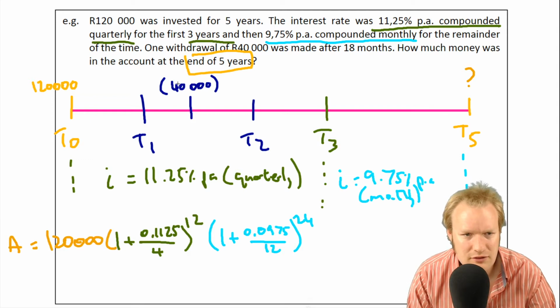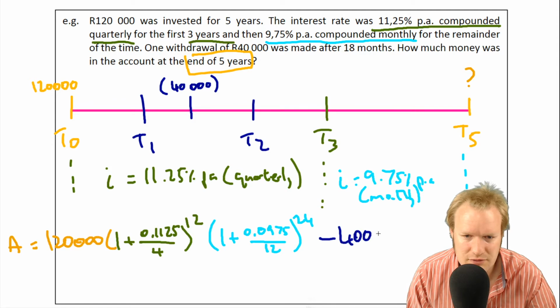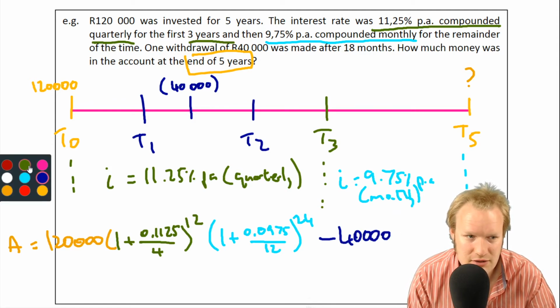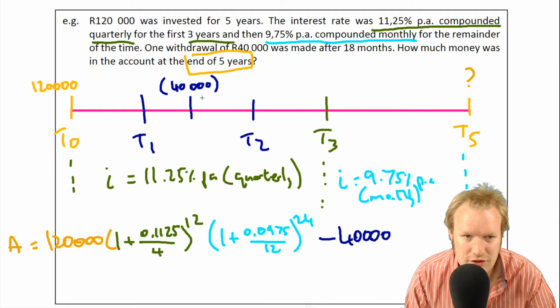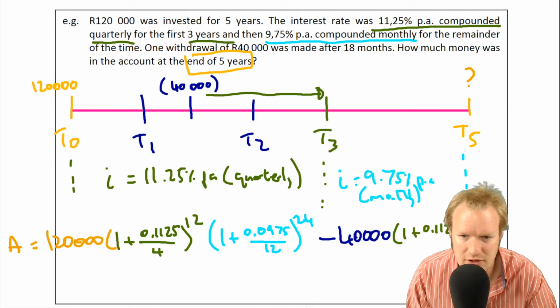Okay, then this 40,000, we're going to lose the 40,000 along with any interest that it would have accumulated. So for this first 18 months, it would have got interest of 0.1125 over, well, that's also 18 months, right?